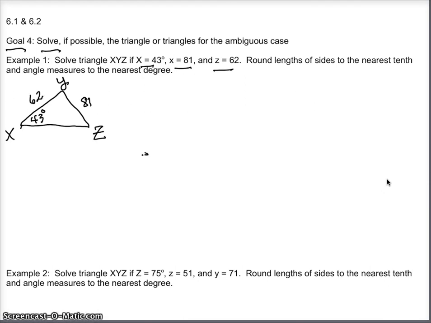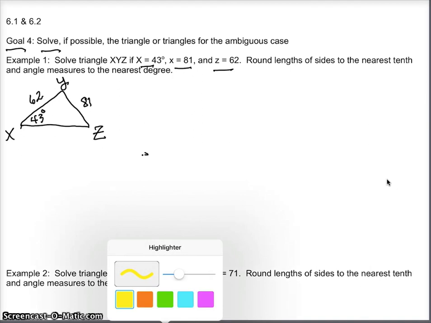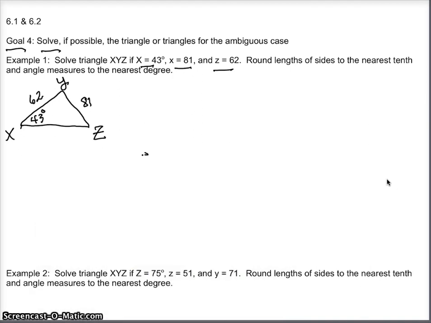Now that you've drawn the triangle, you can analyze the given information. We have a given side and a non-included angle. So I know that this is a side-side-angle, or SSA, triangle, and this is what tells me that I have the ambiguous case.